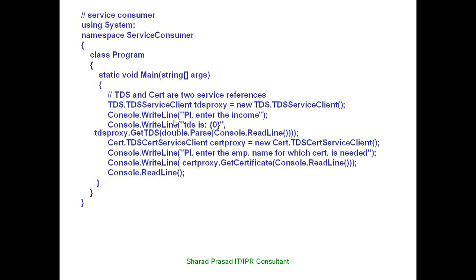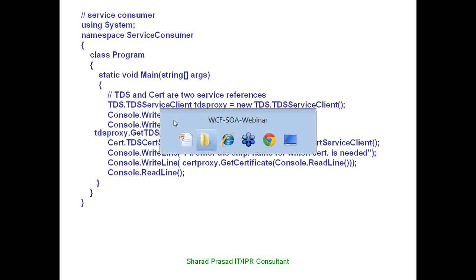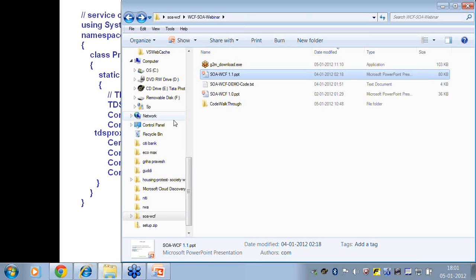Let us see how Visual Studio does all these things. For that, we need Visual Studio. Since we are hosting services, it's better to use Visual Studio as administrator. It will have better access to code.